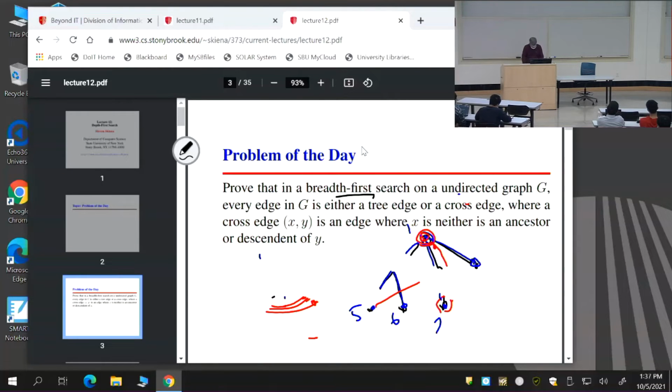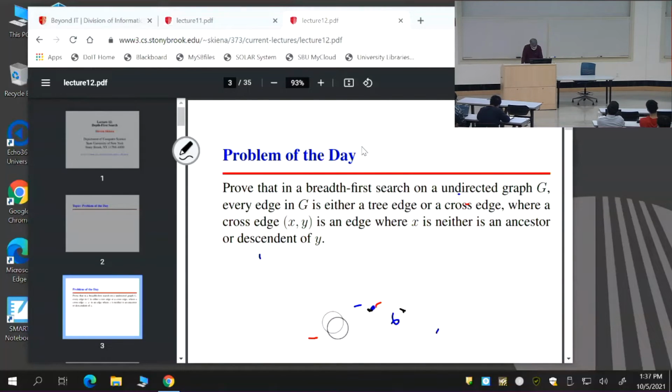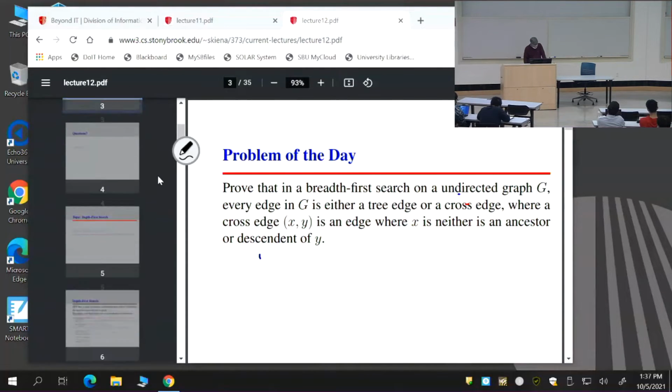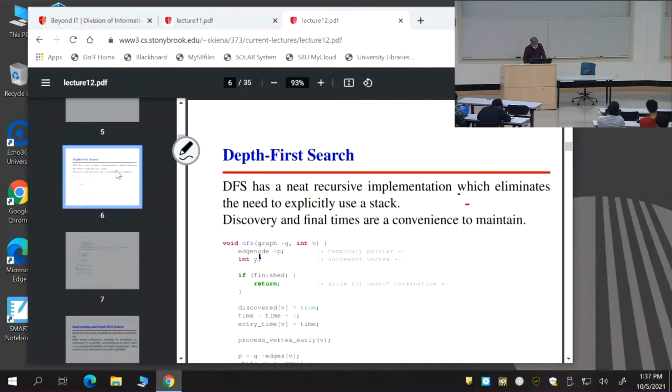Let's come back here. That's interesting. Let's continue on and talk now about depth-first search. Remember what we said about breadth-first search? We were going to start from a vertex and walk over all the edges in a systematic way, and we were going to store the work that still needed to be done on a queue.